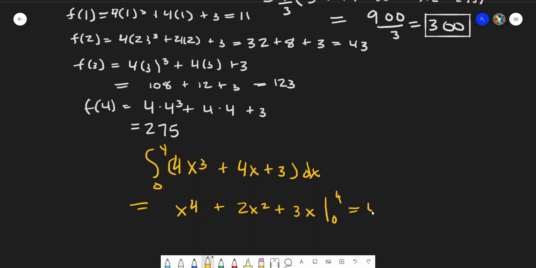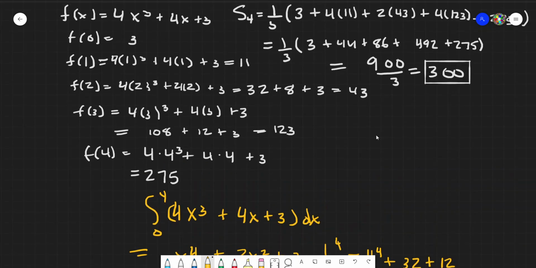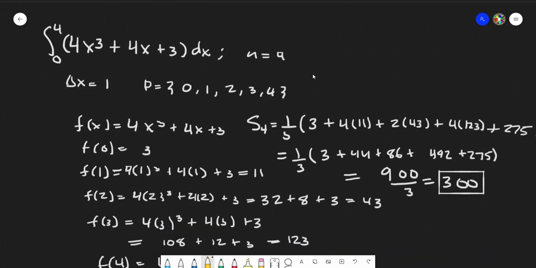That gives you 4 to the 4th, which is 256, plus 32, plus 12. So 256 plus 44 equals 300. So we find that the error for this particular example is actually equal to 0.